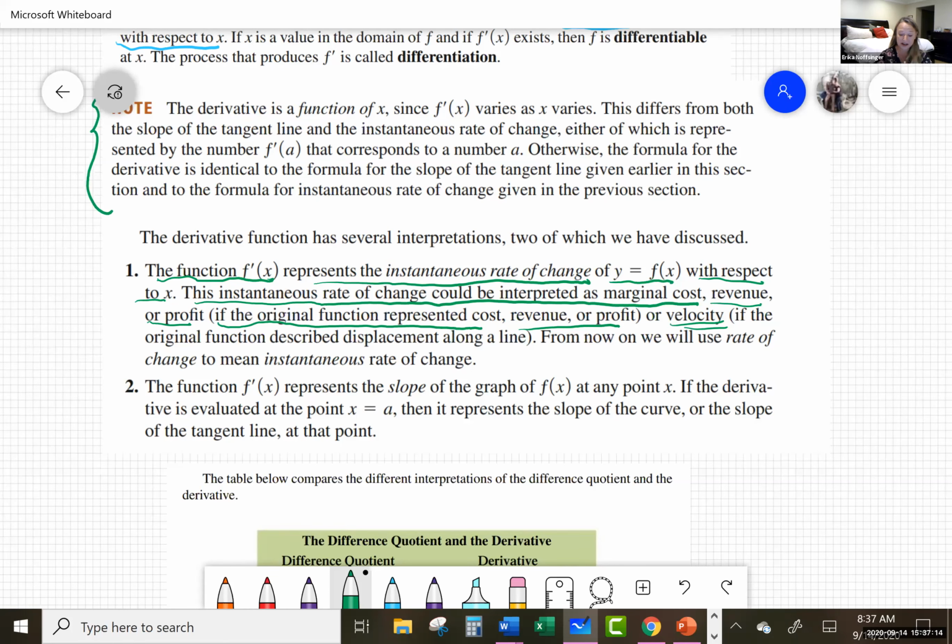Okay, so another way to interpret this derivative, the function f prime represents the slope of the graph of f of x at a point. So if the derivative is evaluated at a point x equals a, then it represents the slope of the curve or the slope of the tangent line at that point. And so that's what I was just showing you with that graph back up there.